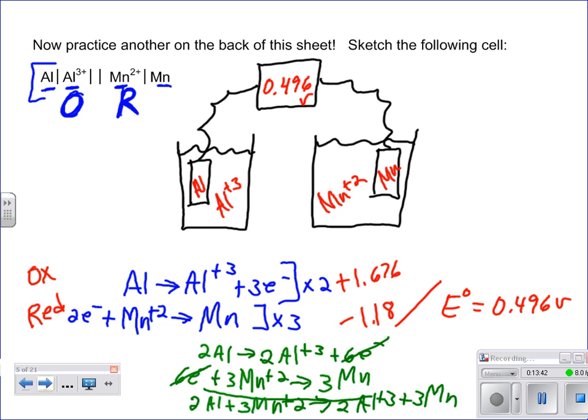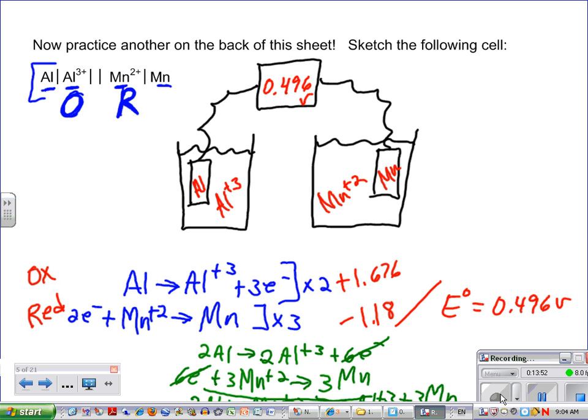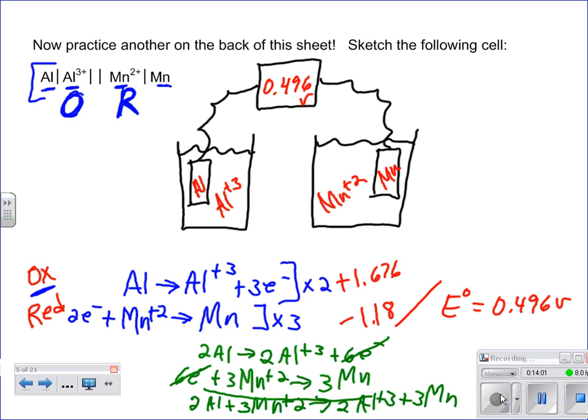So now we can start labeling things. We have our aluminum, which we see was oxidized, so this is our oxidation half.